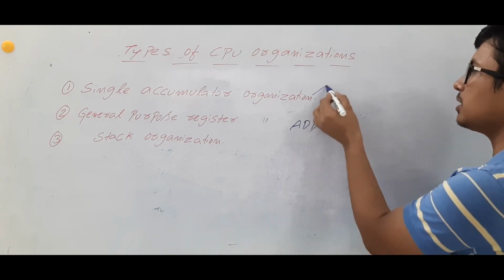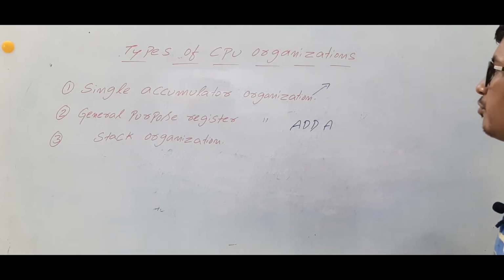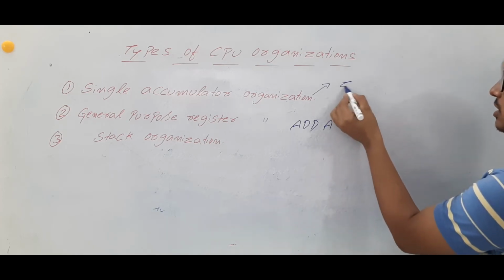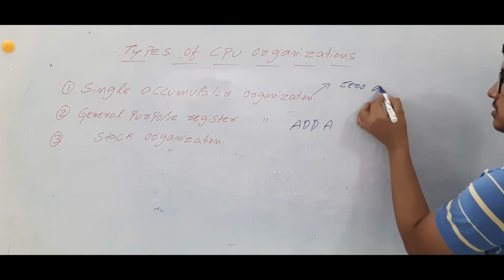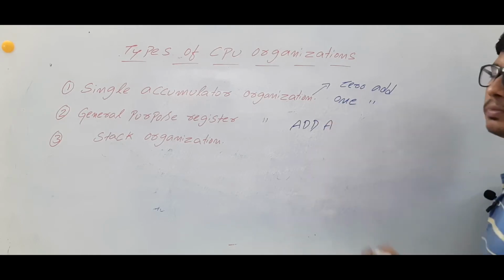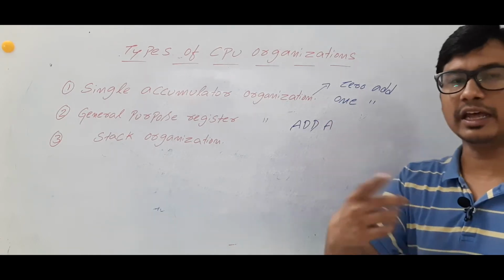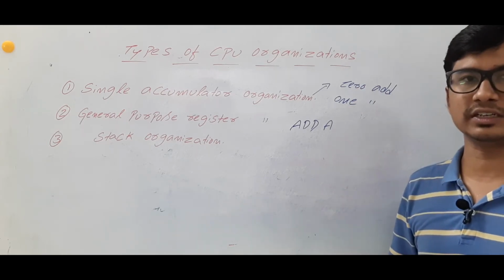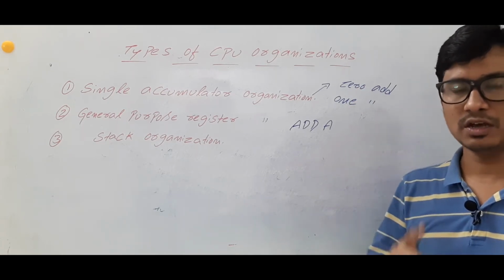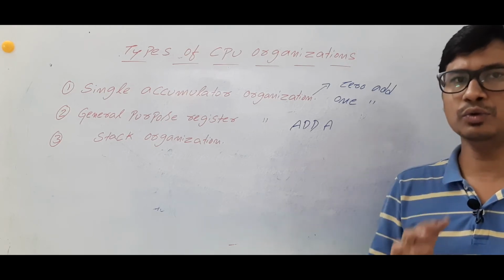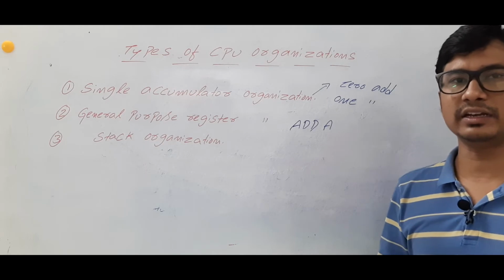Using a single accumulator, we can perform two types of address instructions: zero address instructions and one address instruction. In the earlier video I discussed that we have four types of address instructions based on the number of operands: zero address, one address, two address, and three address instructions.